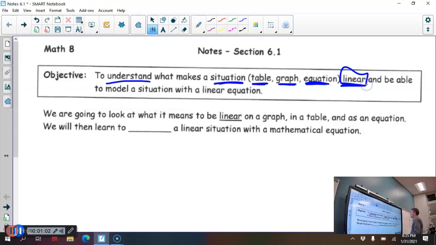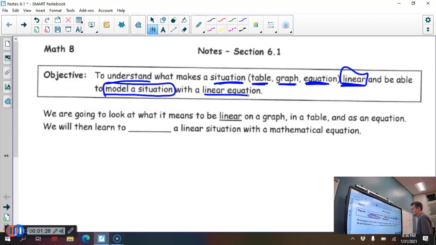And we want to know what makes them linear. And specifically today, we are going to learn how to model a situation with a linear equation. All right? I don't think you'll find it that difficult. I've tried to break this into easy steps. If you will just follow along day by day, I think you'll have success.